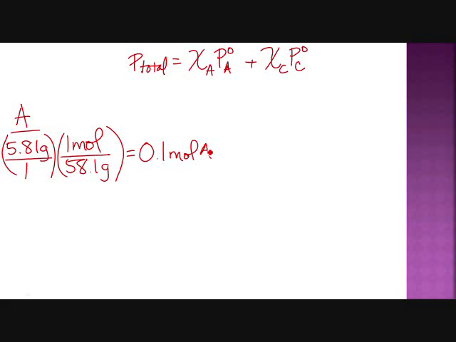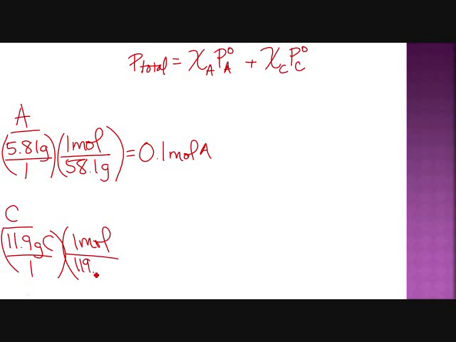And we'll do the same thing for chloroform, C for chloroform, 11.9 grams of C, divided by the molar mass of chloroform, which they give you as 119.4. So again, we divide that, and it's about 0.1.